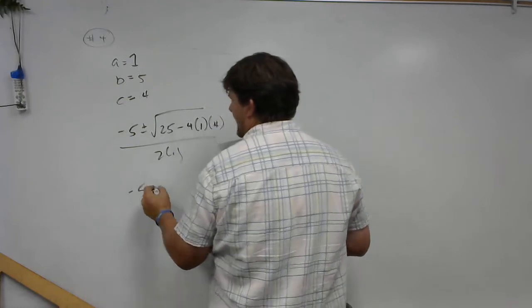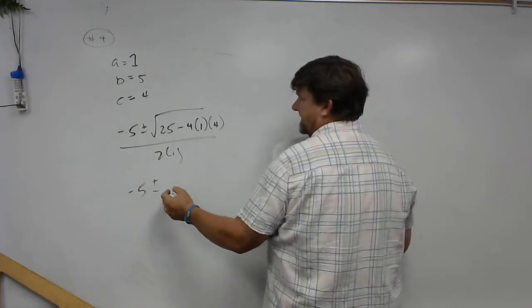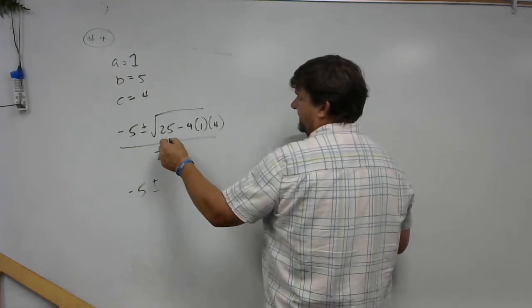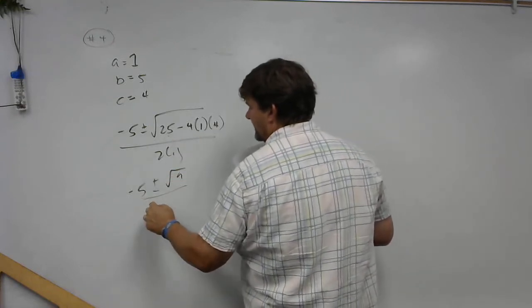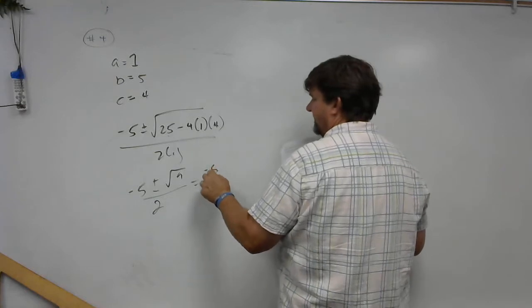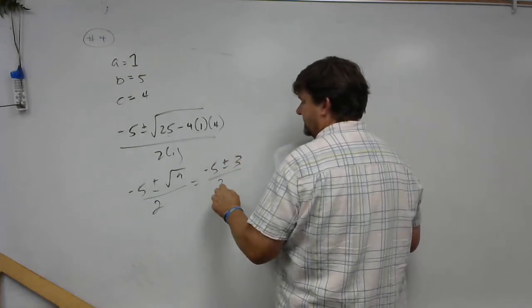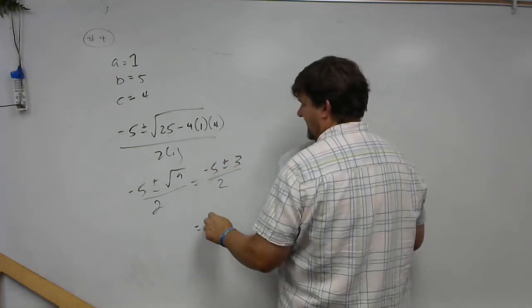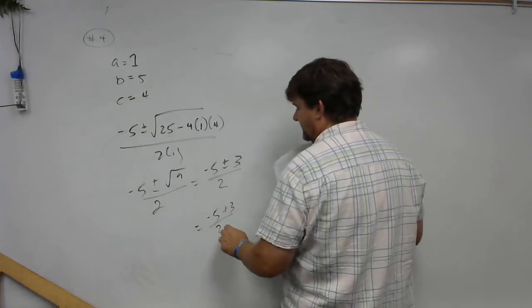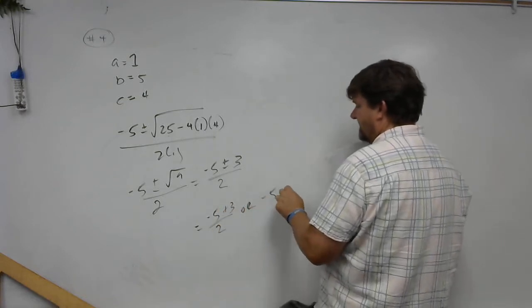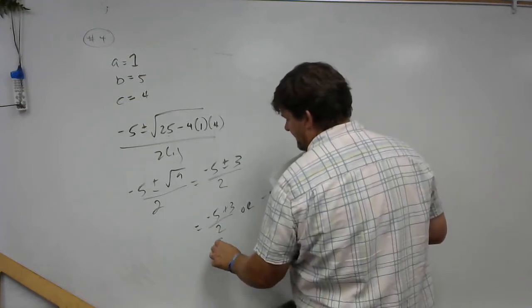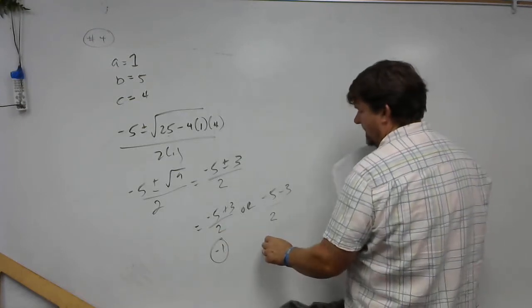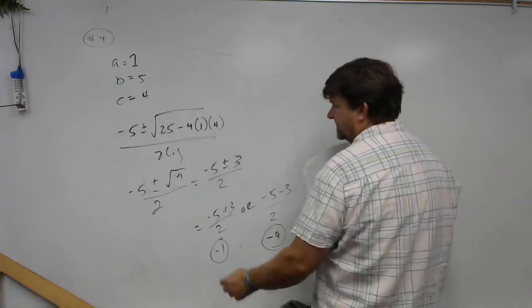We get negative 5 plus or minus the square root of 25 minus 16, which is 9, over 2, which is negative 5 plus or minus 3 over 2. That's going to be negative 5 plus 3 over 2, or negative 5 minus 3 over 2, and that's going to be negative 1 and negative 4. Those are my 2 answers for that one.